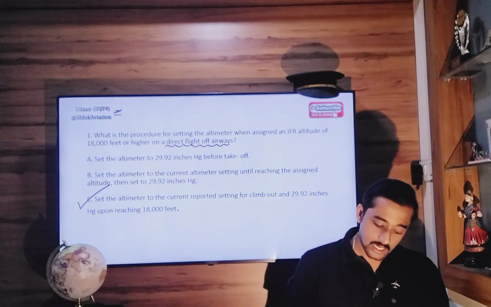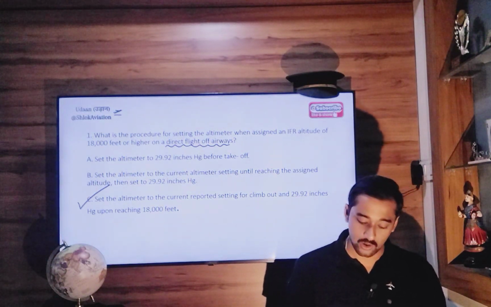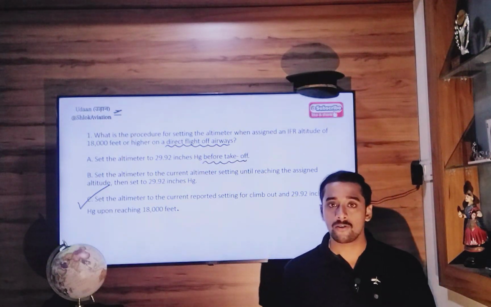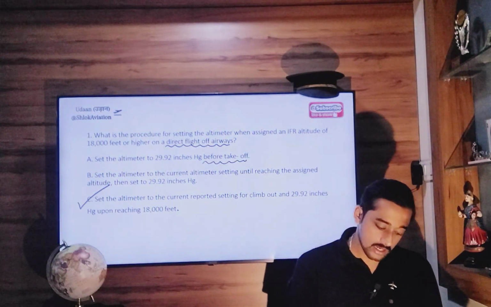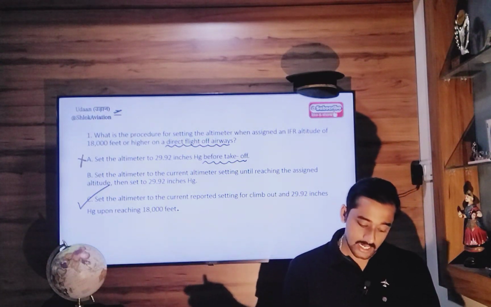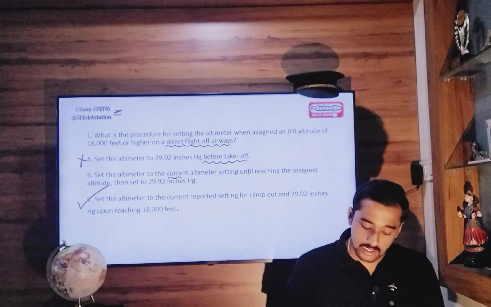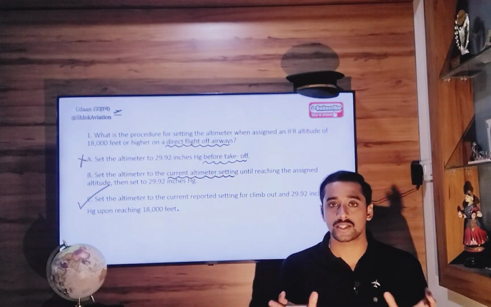Setting the altimeter to 29.92 even before takeoff is wrong. At the time of takeoff, you normally set QNH or QFE, depending on what procedure is followed at your airport. Set the altimeter to the current altimeter setting. You cannot set just any altimeter setting existing around.